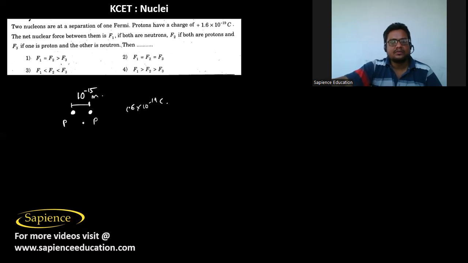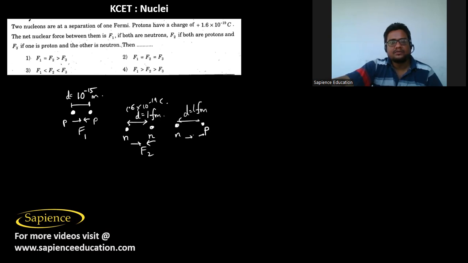The net nuclear force between them is F1. If both are neutrons and the separation D is kept the same, 1 Fermi, then the force is F2. And if a neutron and a proton have the same separation of 1 Fermi, then the nuclear force between them is F3.